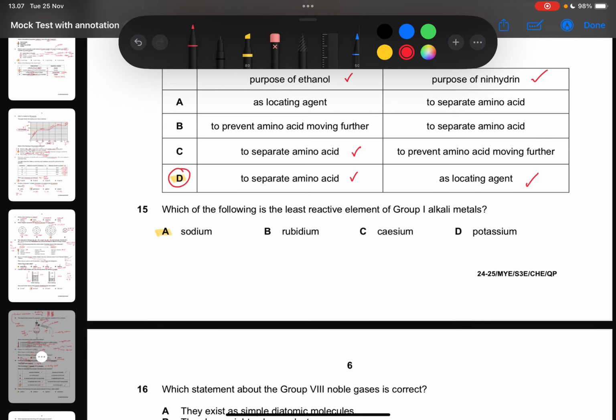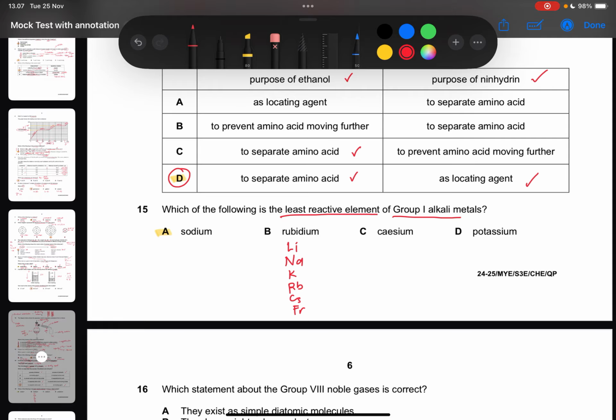Question 15. Which of the following is the least reactive in group 1 alkali metals? So what are the elements in alkali metal? Starting from the first one, which is lithium, followed by sodium, potassium, rubidium, cesium, and francium. So in one of our discussions, we showed that when we add these alkali metals in water, it will produce a reaction.